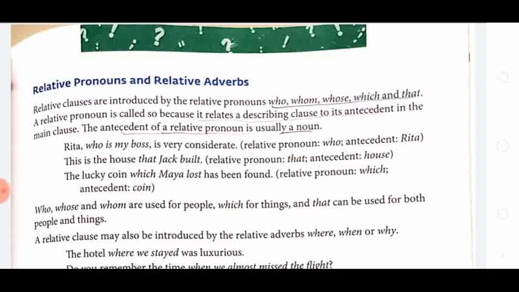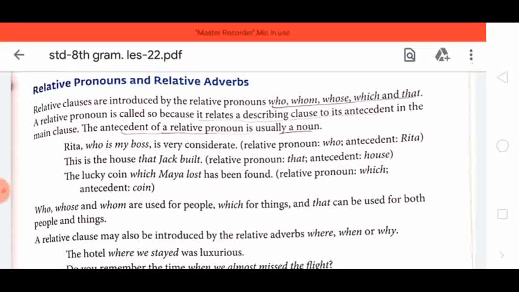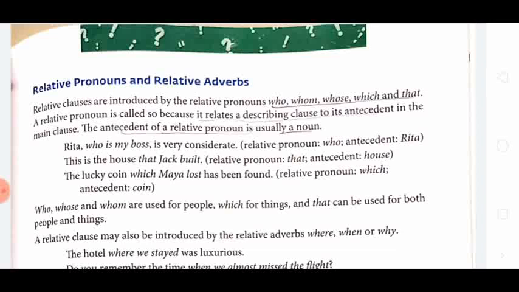See here, Rita, who is my boss. Now, who is my boss? It describes the word Rita, the noun. So that is its antecedent, and who is my boss relates with Rita. So it is called a relative pronoun. And the antecedent of a relative pronoun is usually a noun.